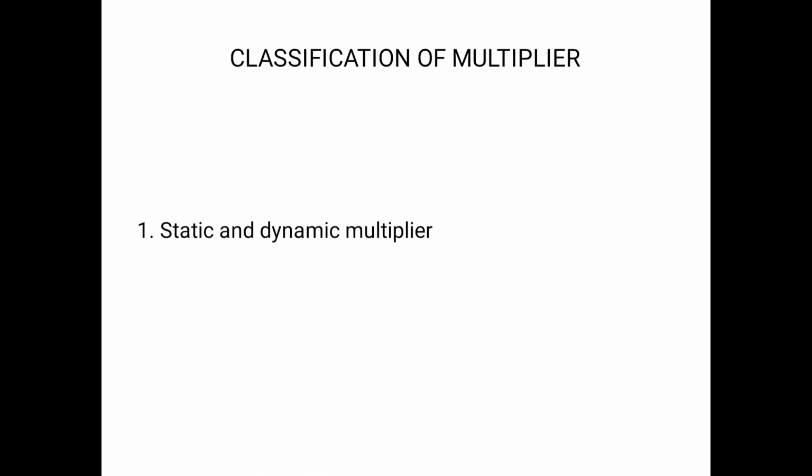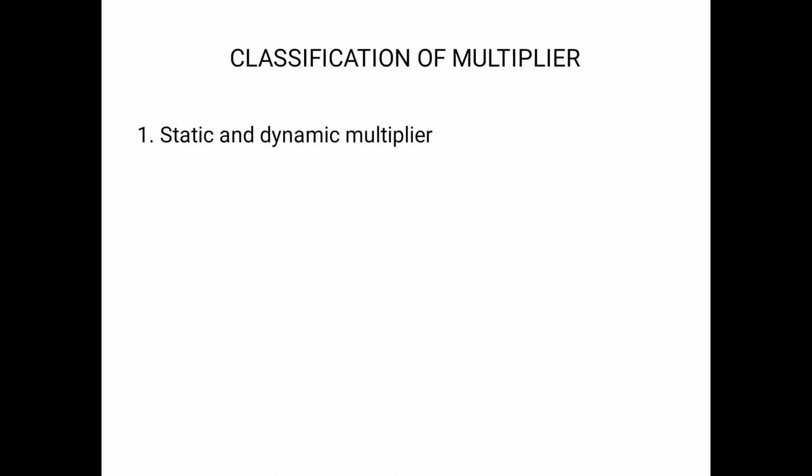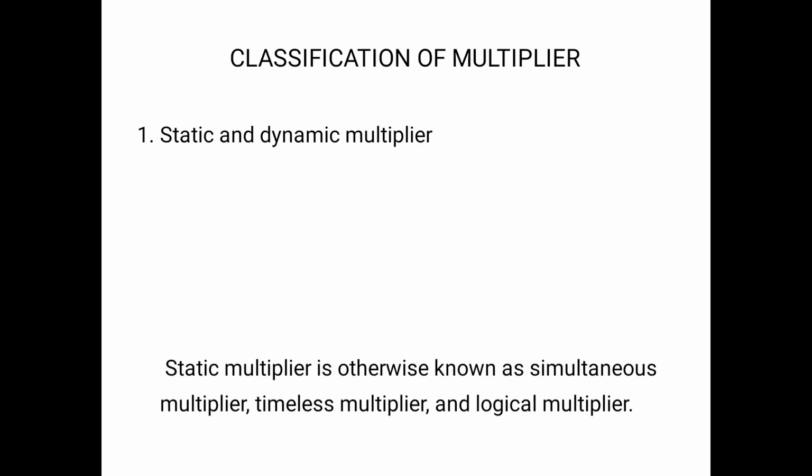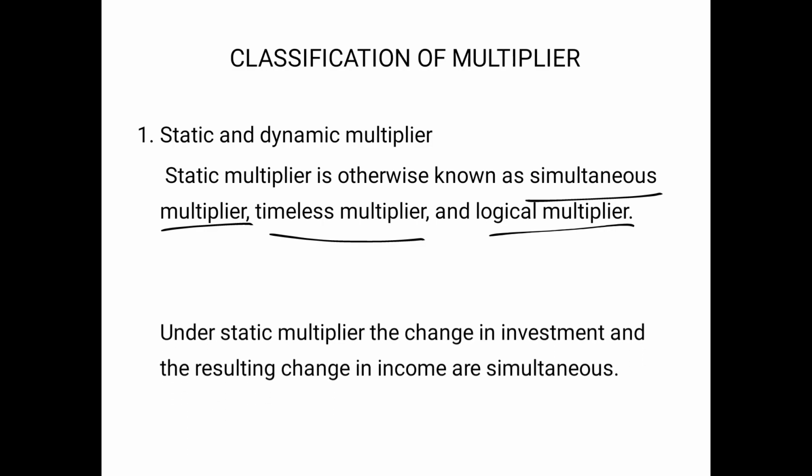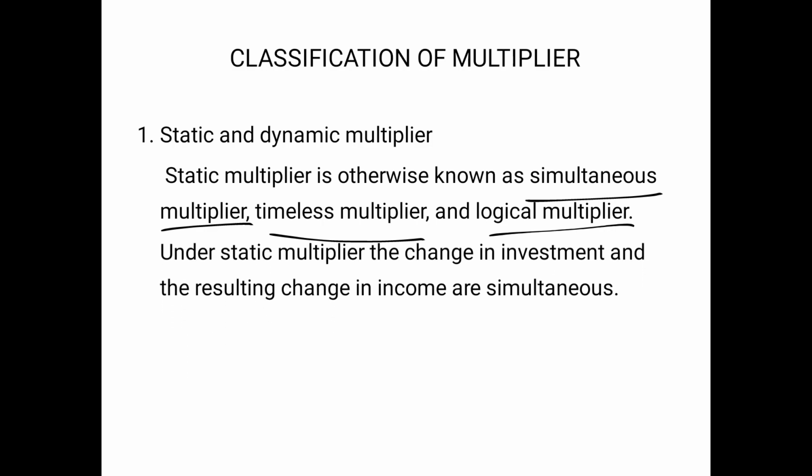So we have classifications of the multiplier. The multiplier is classified into static and dynamic. What do you mean by static? It is otherwise known as the simultaneous multiplier, timeless multiplier, or logical multiplier. So under the static multiplier, what happens?